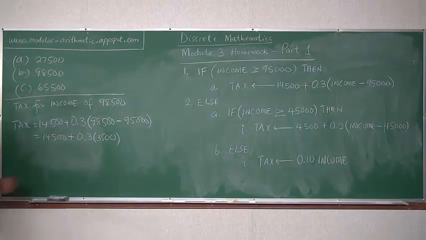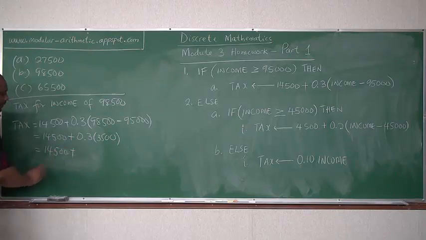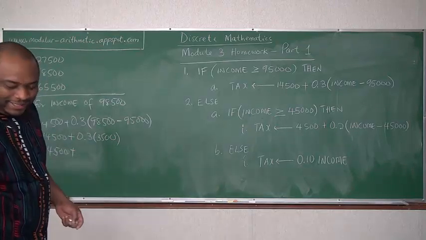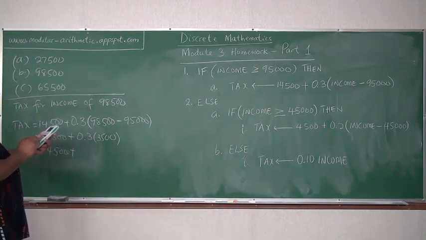Okay? So this is 14,500 plus, I will just use the calculator so I can be fast on this. I can do it without a calculator then. Let's use the calculator so we can be fast.